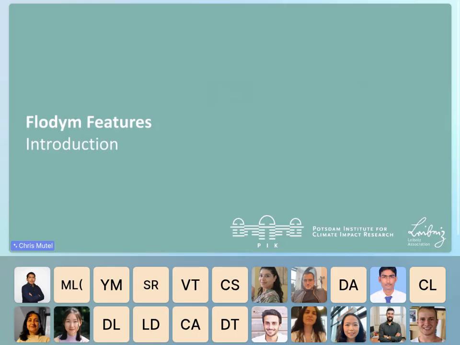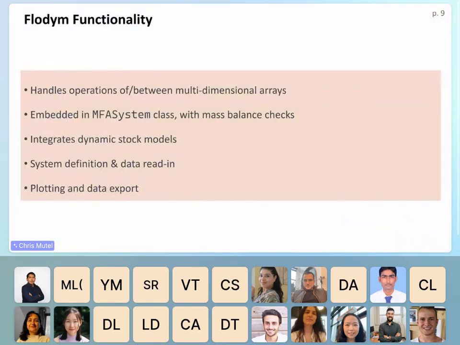And this is basically one of the main features of Flodym, that it does that for you. It handles these operations between multidimensional arrays. It's embedded in an MFA system class, which does some checks and has some read-in and export functionality. It integrates these dynamic stock models with the lifetime distribution functions.